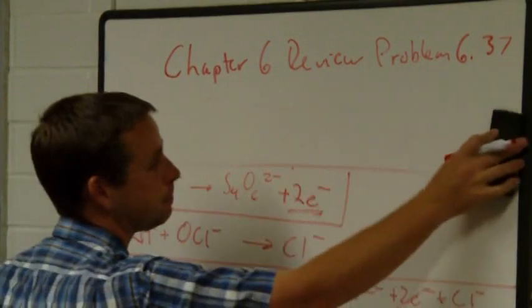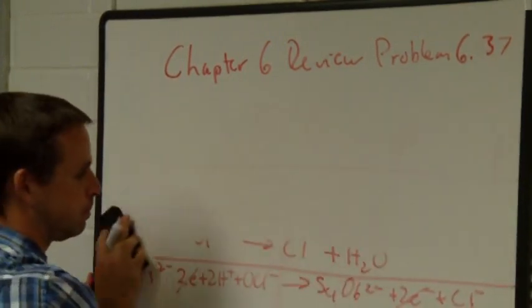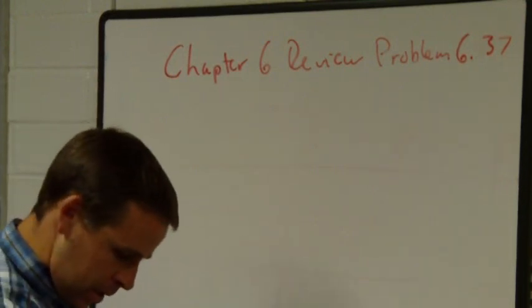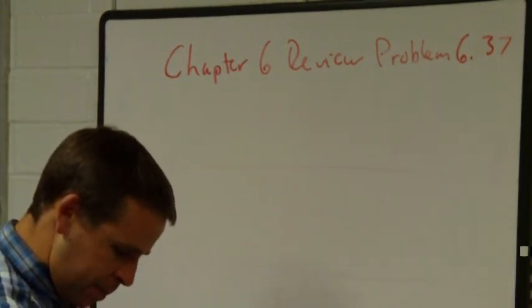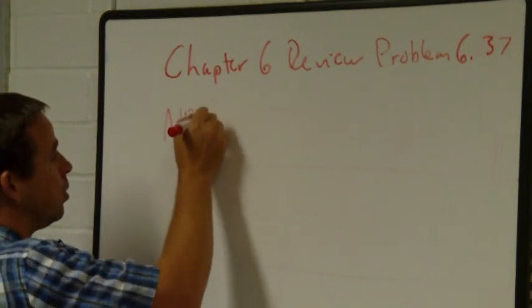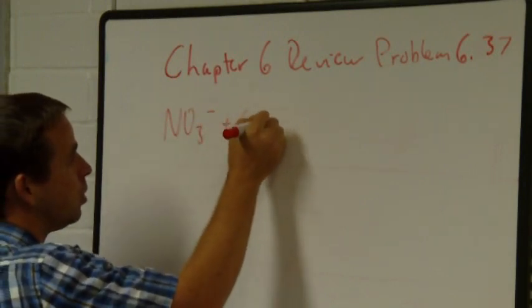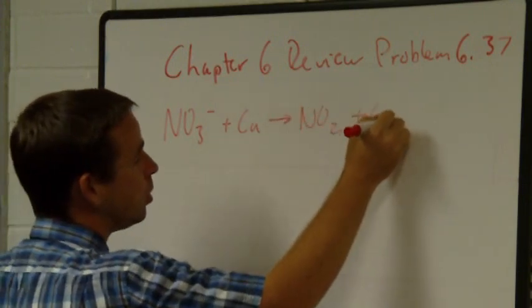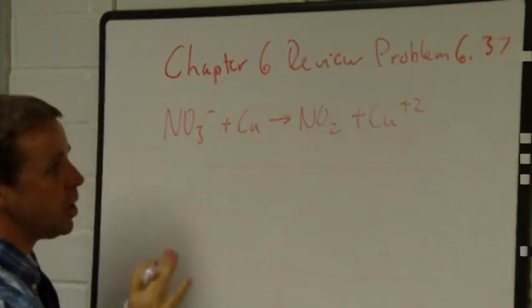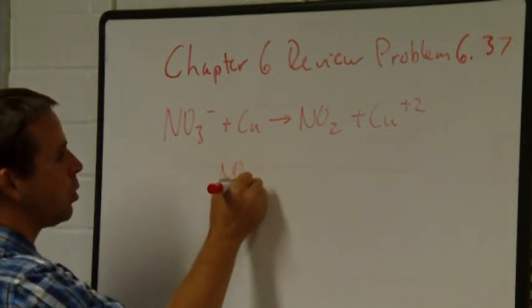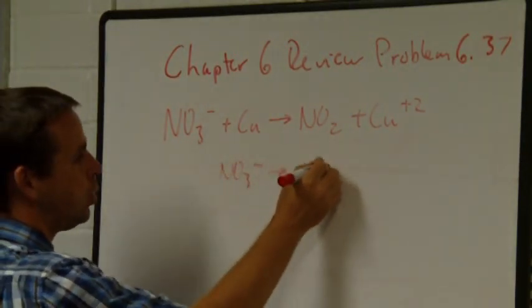637B. NO3 minus, copper, NO2, copper 2 plus. All right, first we break it up into half reactions, NO3 minus and NO2.